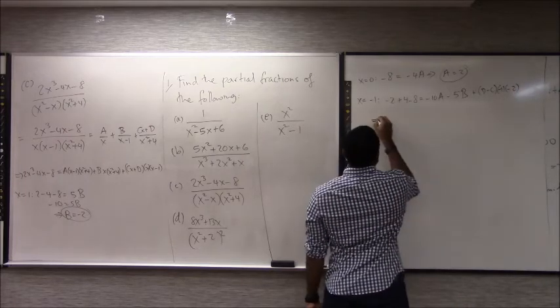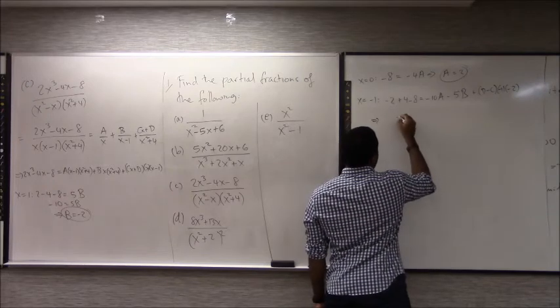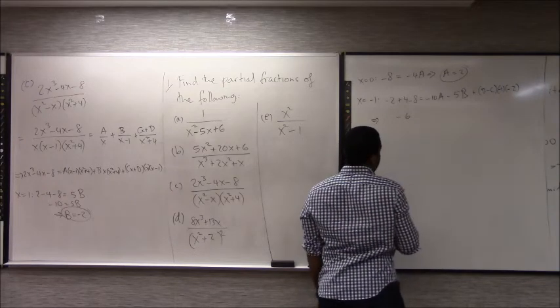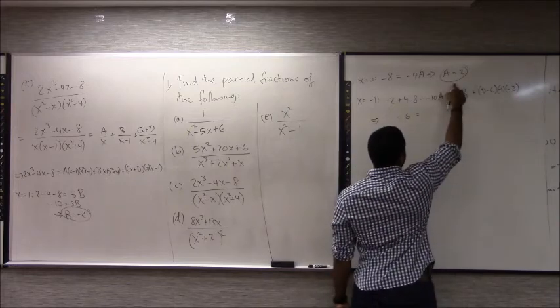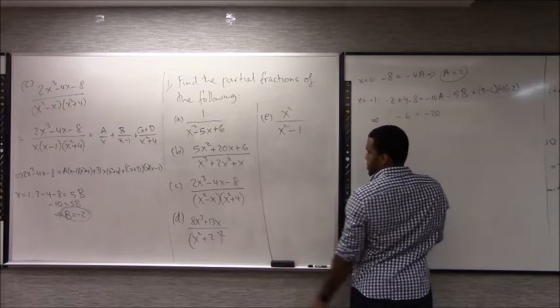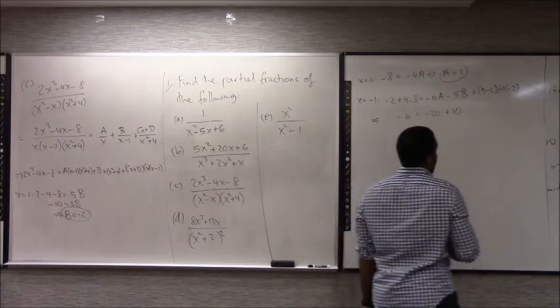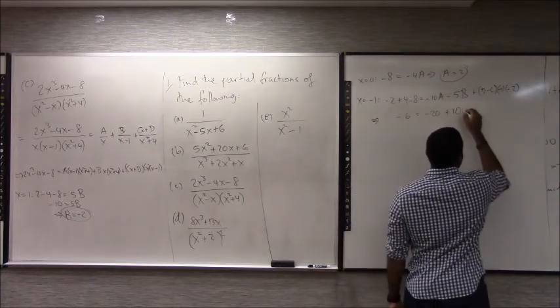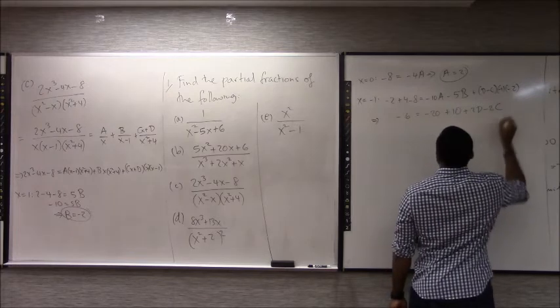Let's clean this up a bit. And that's going to be minus 10 plus 4, that's minus 6. A is actually 2, so I'm going to plug it in, that's minus 20. B, do I know B? B is actually negative 2, so this is a plus 10. And this will actually give me plus 2d minus 2c.